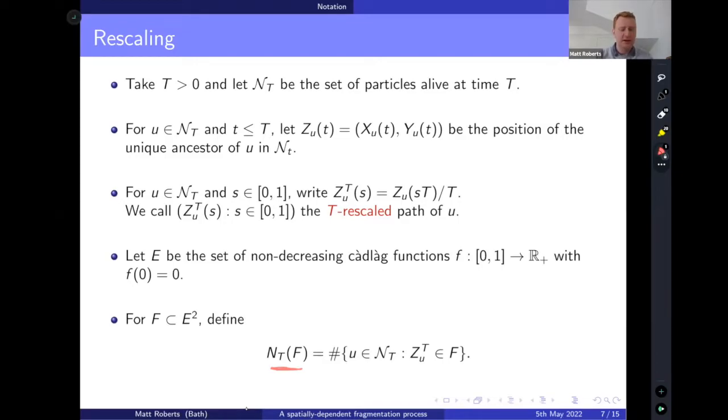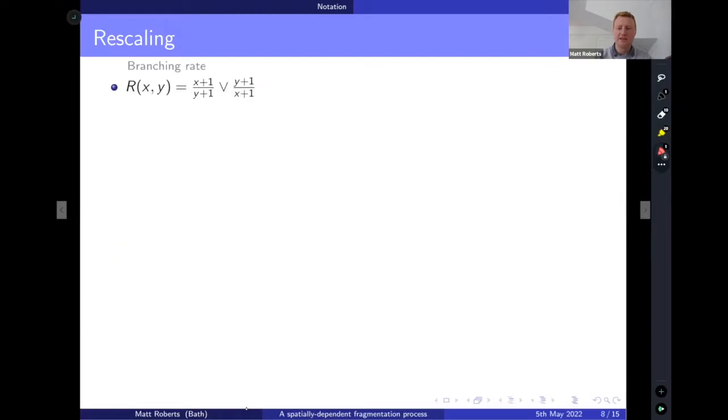If we rescale particles, then we also have to rescale these rates that we introduced. This is going to be a bit of a technical slide. You don't really need to absorb it all, but I'll try and point out one or two interesting points. It's quite easy to see that when you rescale the branching rate r, you basically just get rid of these plus ones.